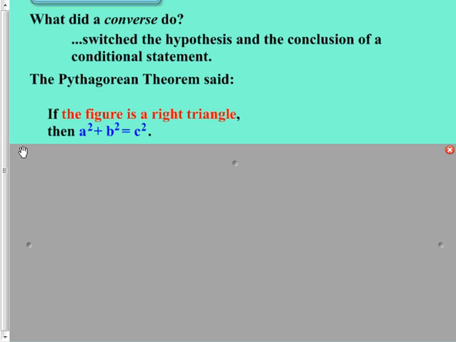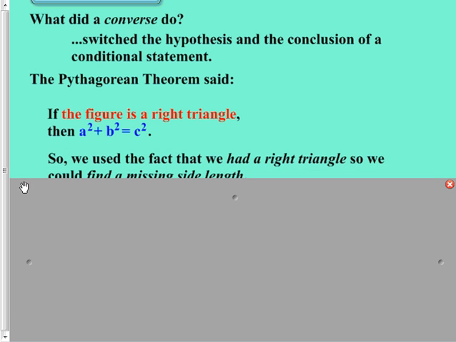So the figure being the right triangle was the observable piece of information. And if you could observe that, then we established that a leg squared plus the other leg squared did in fact equal the hypotenuse squared. So in summary, using the fact that you had a right triangle basically put us in a position to find a missing side length.